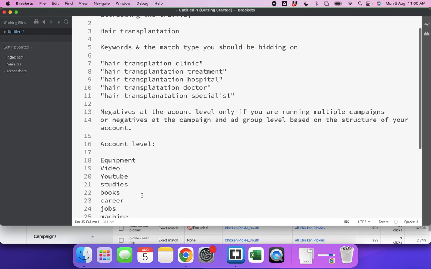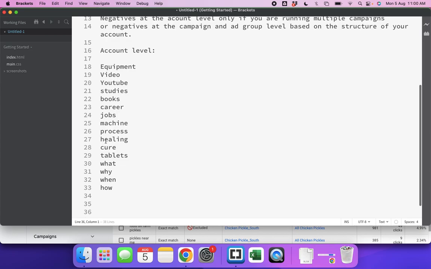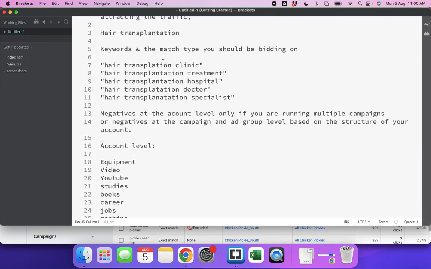Okay, right? See, if you're not adding this, hair transplantation equipment, maybe let's assume you are bidding on just, if you're bidding on this, you don't have to bid on all of these keywords also. This keyword takes care of triggering for all of these as well, correct?